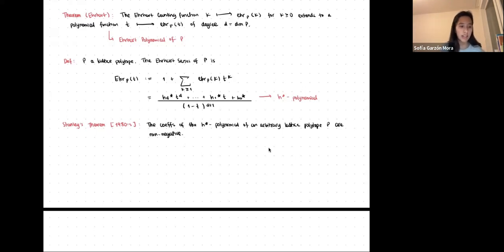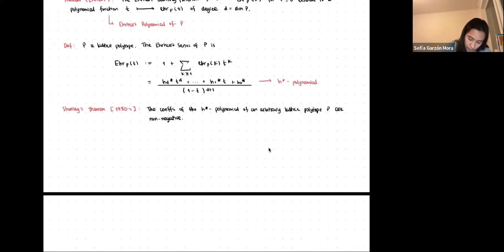That's a very nice way to see it. But then people have been asking if there are other descriptions, and there are lots of open questions about the H-star polynomial also, if the coefficients are palindromic, if their coefficients are log concave, or if they satisfy any more properties. And these are still open questions, but maybe I can do a remark before we move on to weighted Ehrhart theory.